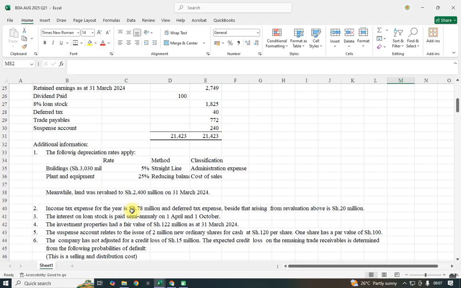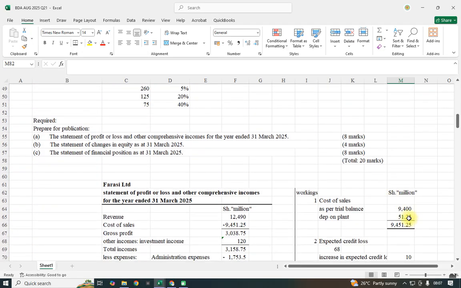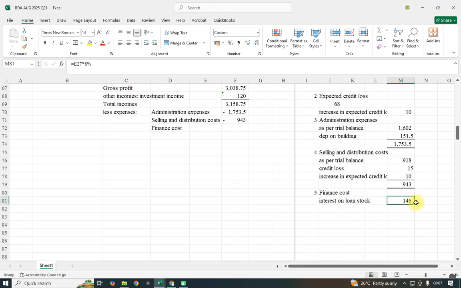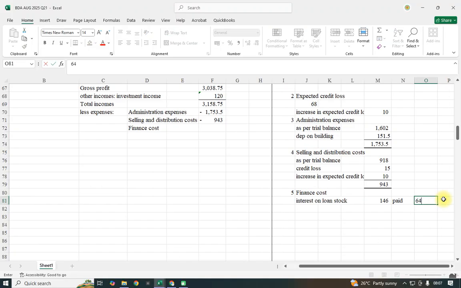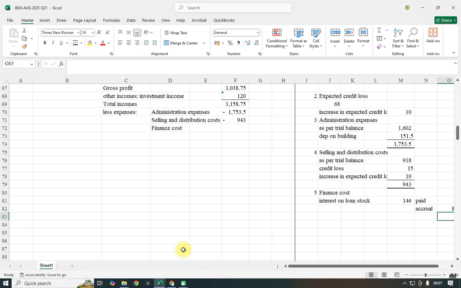That is what we're supposed to have, and therefore here we shall separate these. What was paid is 64. The balance will be accrued. Accrued is 82. We are yet to pay 82.